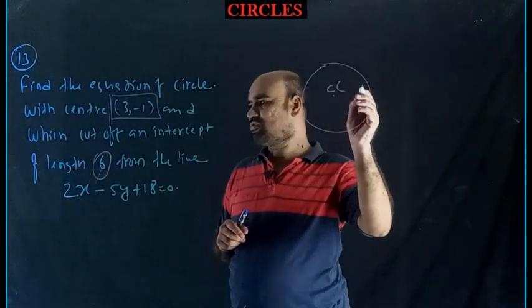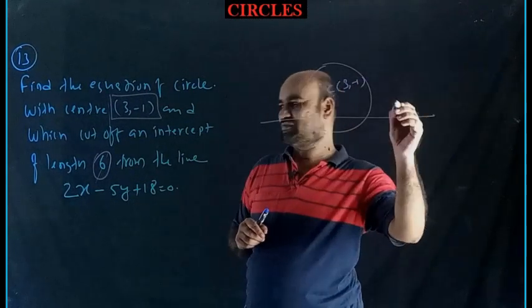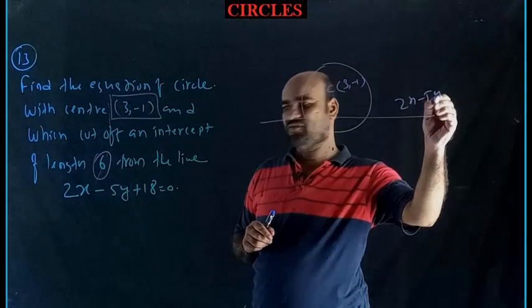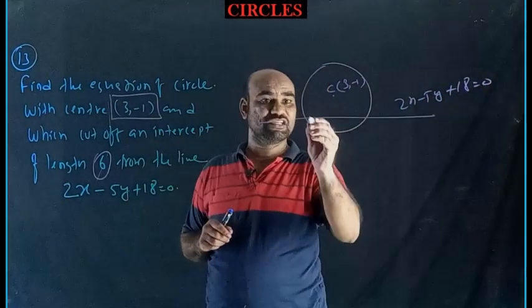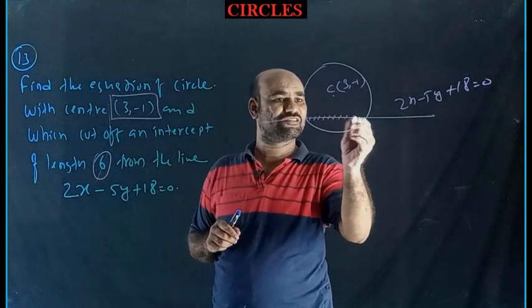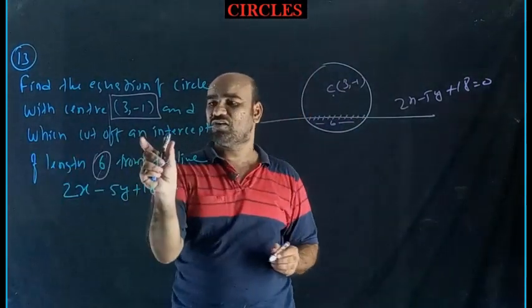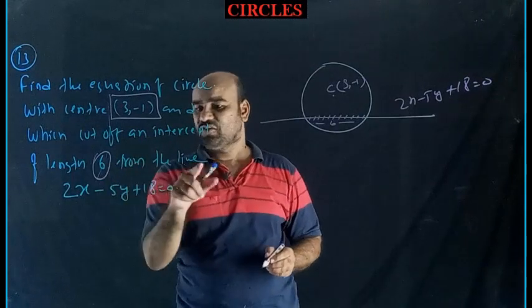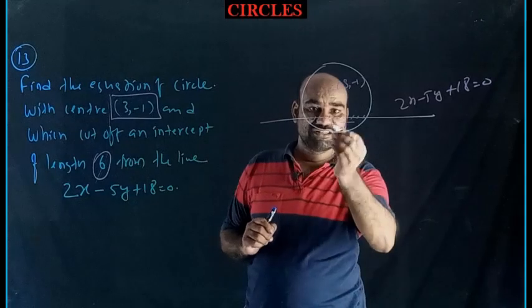Center C is equal to 3, minus 1. A line is given: 2x minus 5y plus 18 equal to 0. This length is given as 6. That is the meaning of the problem.